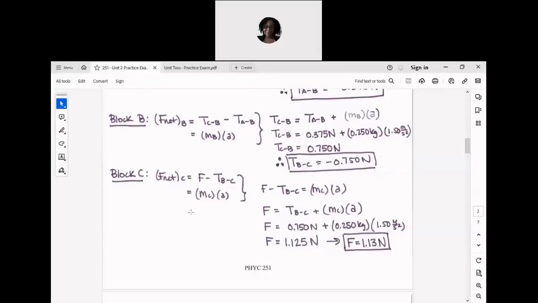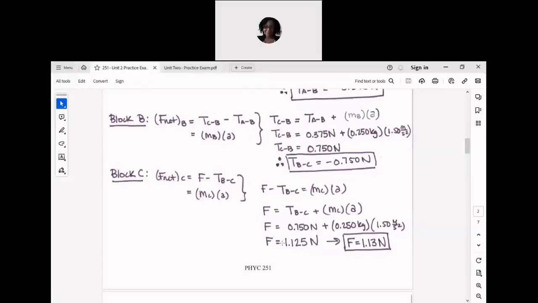And finally, just do the same thing to block C, where we don't know anything about F, but we know that block C is subject to a tension force that originates from block B and F. The net force is going to be the mass of block C times the acceleration.